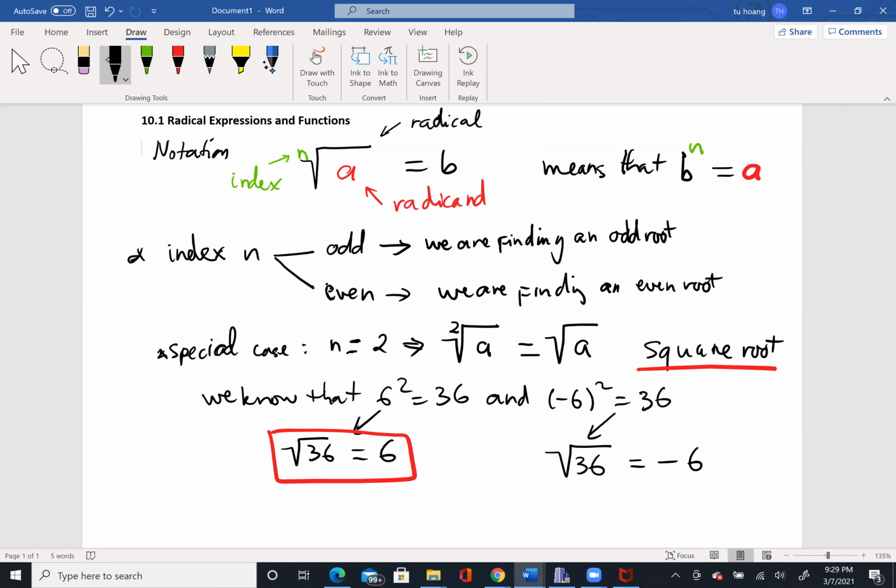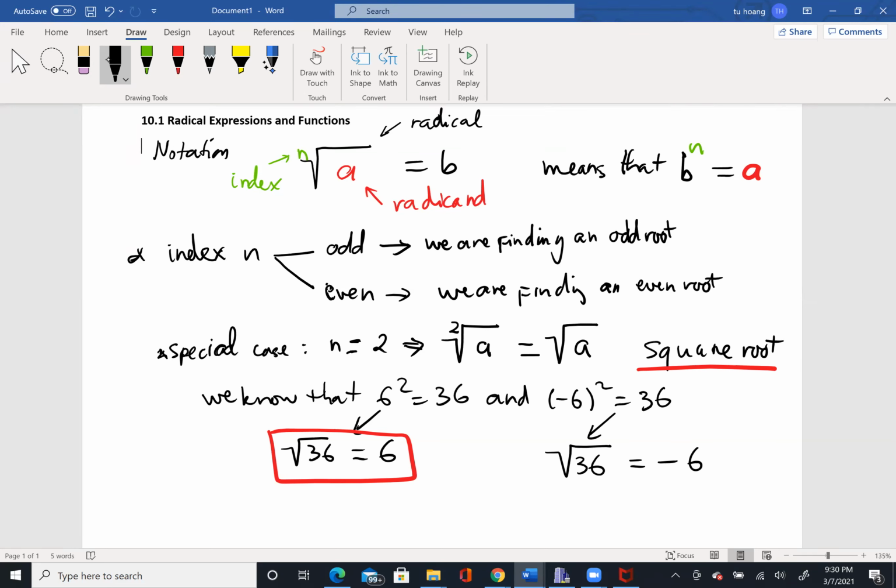However, this is an argument among many mathematicians, since a square root of something will never give you a negative number. Someone also believes that it can still include the negative, because negative 6 squared is still giving you 36, right?